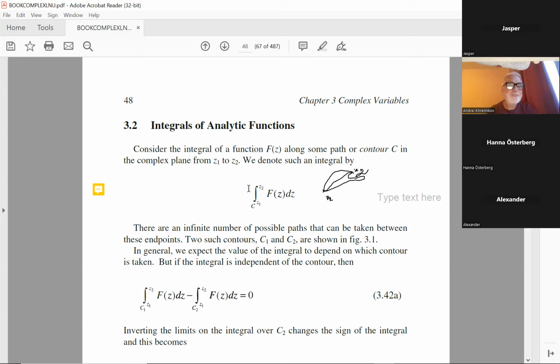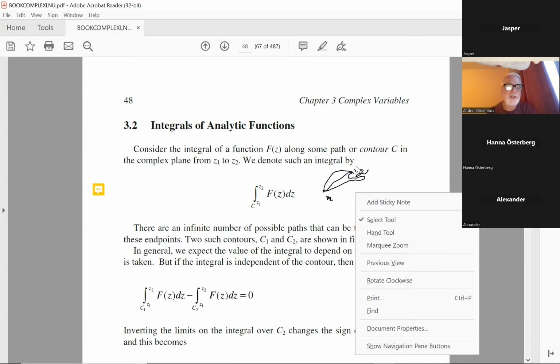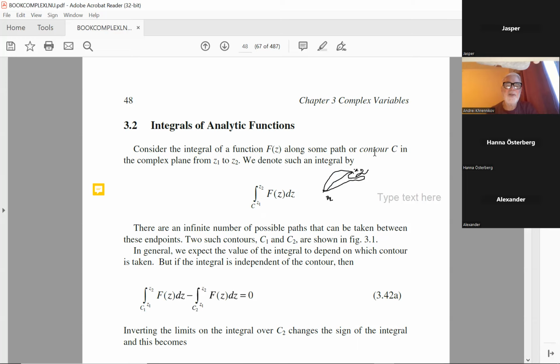So we want to consider an integral between two points with respect to some path connecting these two points. For example, this is one point, Z1, this is point Z2, and there is some path, some trajectory going from Z1 to Z2. This is another path and so on. So each two points we can connect by many trajectories.